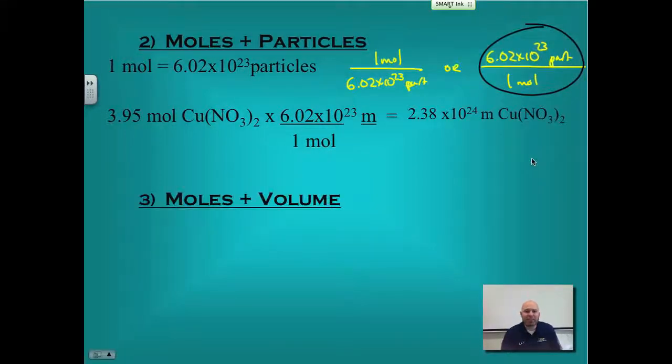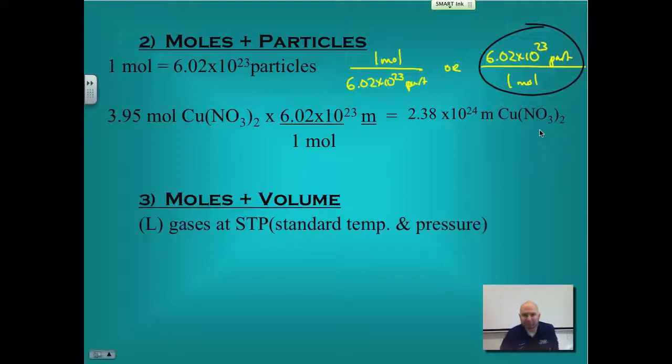The next type is moles and volume. We haven't mentioned that yet, but moles and volume, this is only for gases at STP. The volume of gases, which in this case is going to be liters at STP. Gases are affected by temperature and pressure, so that has to be at standard temperature and pressure. Standard temperature is 0 degrees Celsius, and standard pressure is 1 atmosphere.